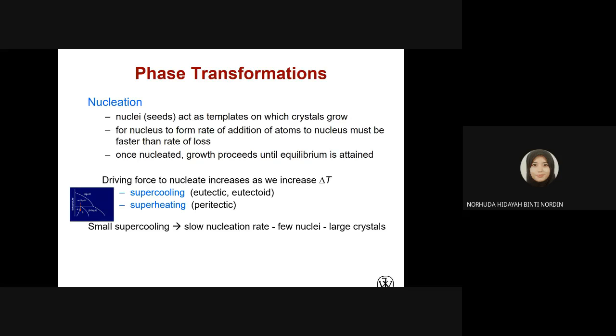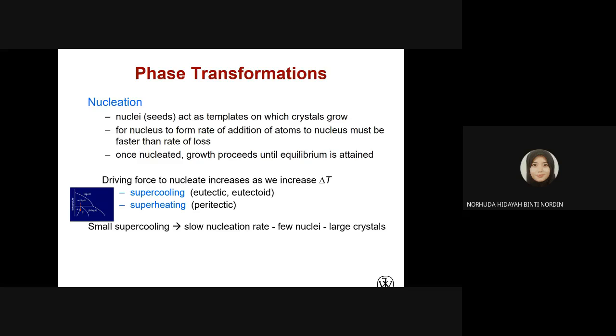So we start with nucleation and then the nuclei will grow. For nucleation to form, the rate of addition of atoms to the nucleus must be faster than the rate of loss. Once it has nucleated, it will grow until equilibrium is reached.